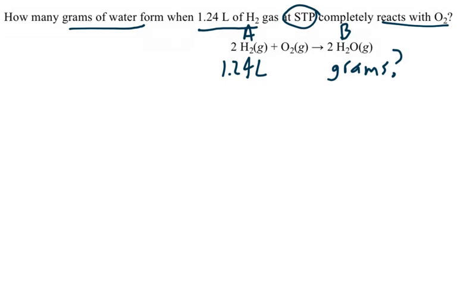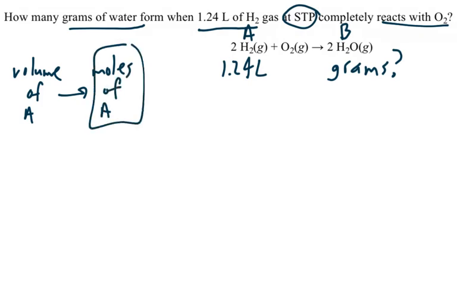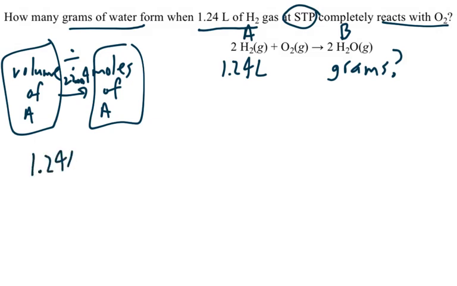So according to the flow chart, we need to go from the volume of the given into moles of the given. Now the flow chart says we're going to divide by 22.4. I'm going to set it up so that you guys can see how this is done. 1.24 liters.